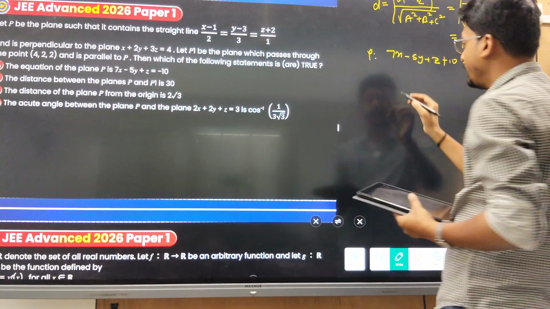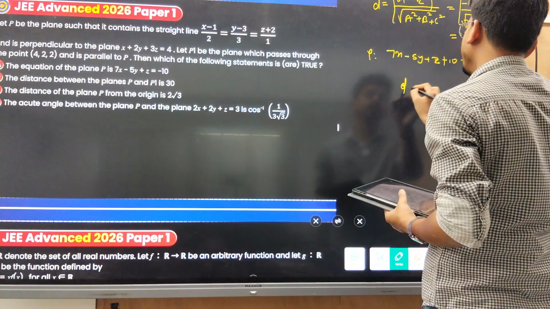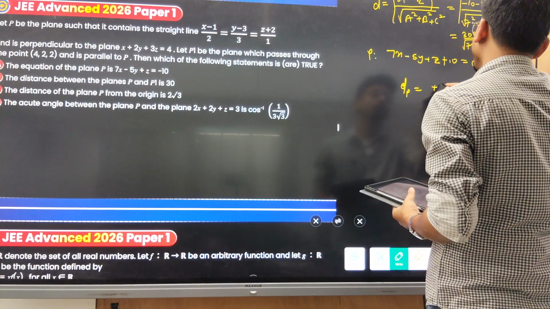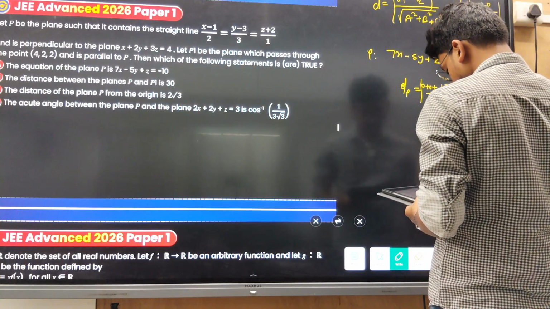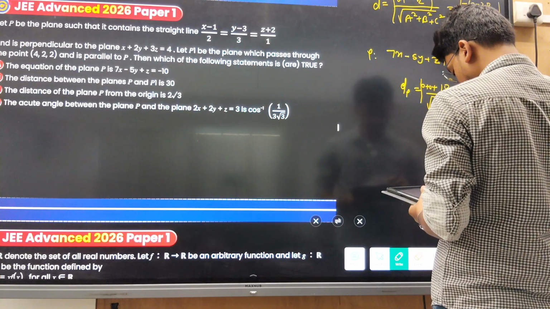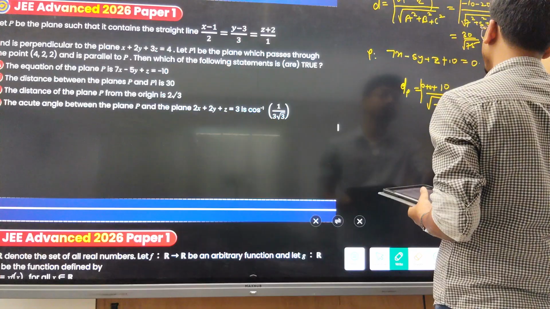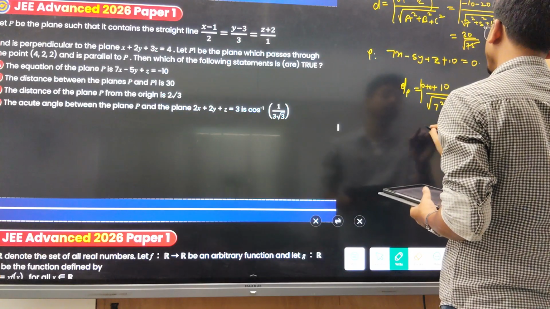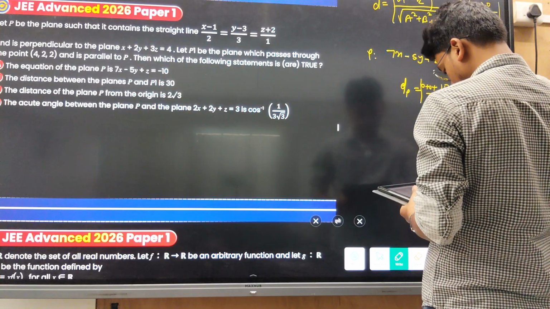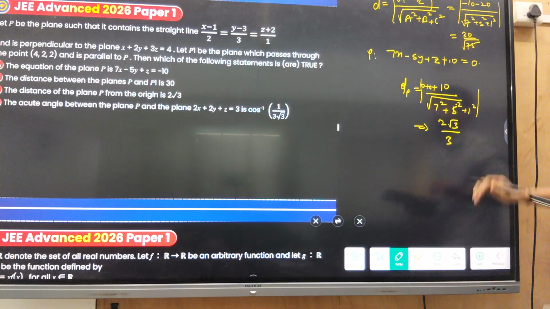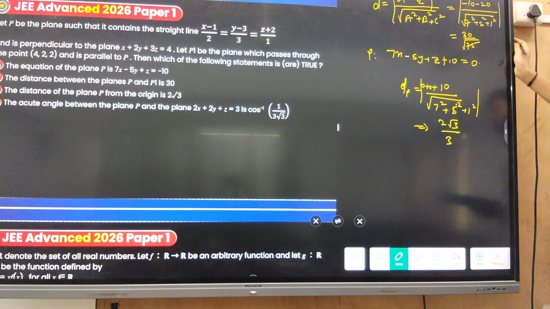So what value are we getting? Perpendicular distance equal to 0 plus 10 upon the square root of 7 square plus 5 square plus 1. So we are getting 2 root 3 by 3. So option C is wrong.